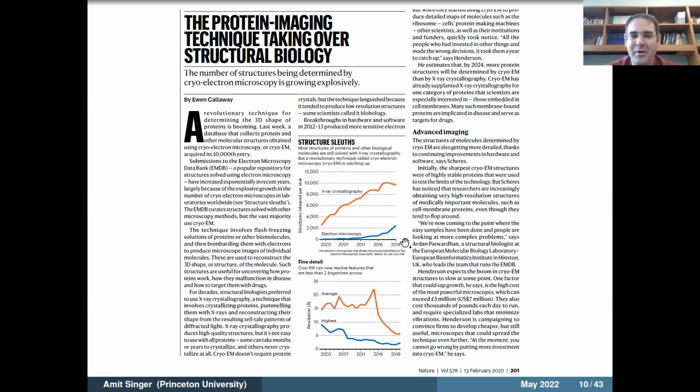I'm sure that if we had more data from 2020, 2021, the trends would continue. Also, if you look at the resolution, in red you see the average resolution obtained by cryo-EM structures. It hovers around 15 angstrom, which is not very good. Then you can see the resolution revolution, how the resolution improves after 2013, 2014. This trend continues, and that's like the best resolutions of structures that have been deposited.